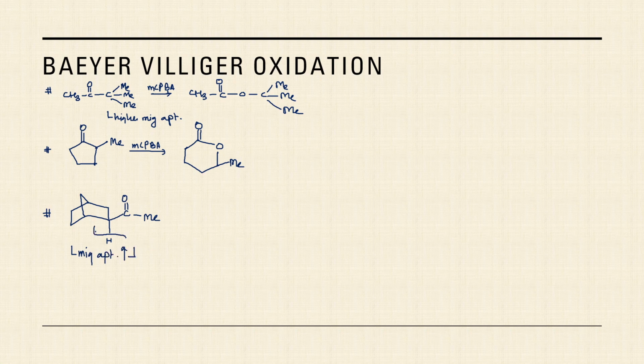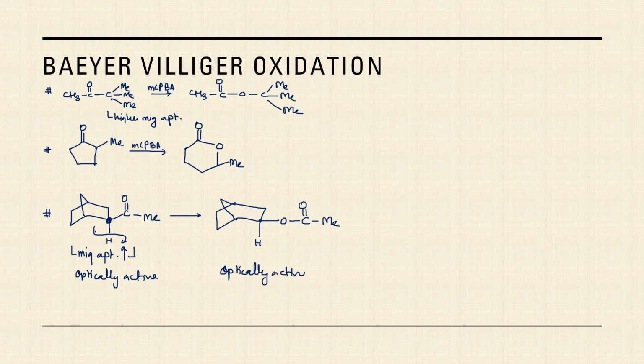So this is chiral, and if this is optically active, whatever is the stereochemistry of that entity, that stereochemistry will be retained. So if this is optically active, the product will also be optically active.